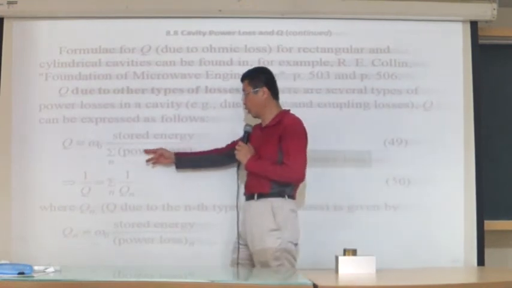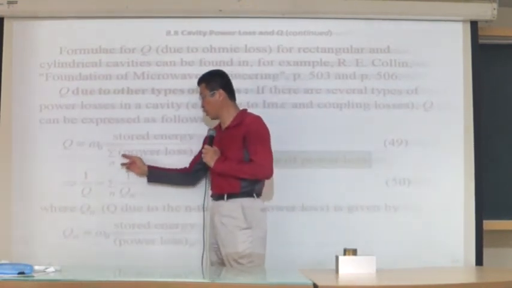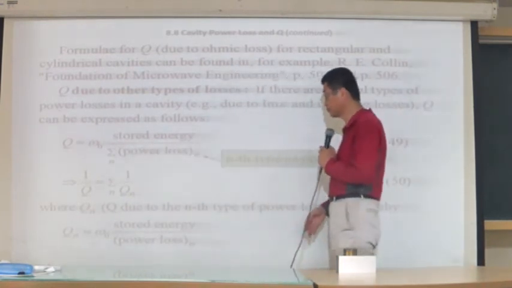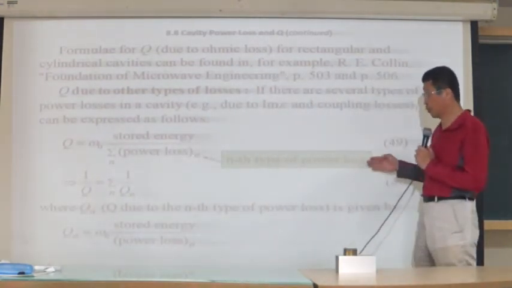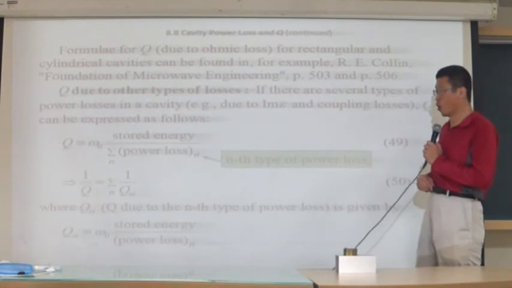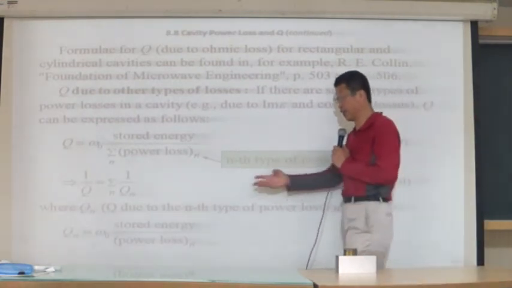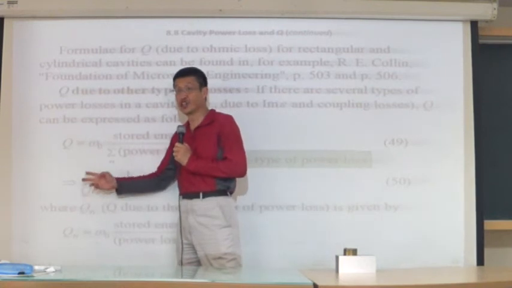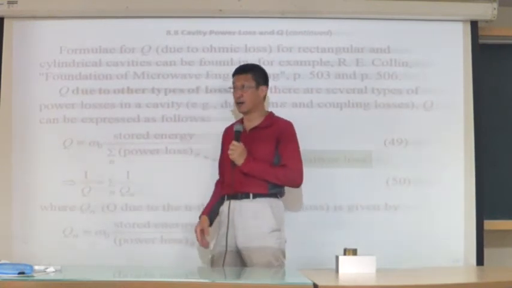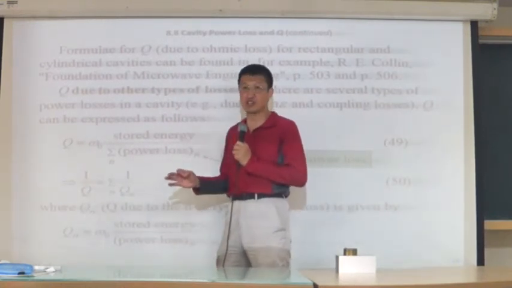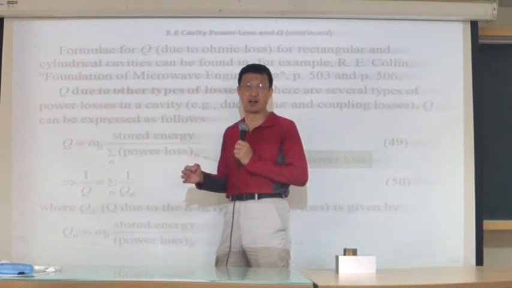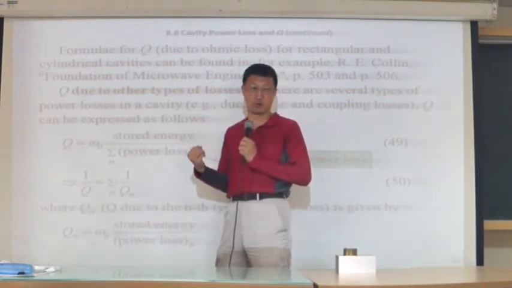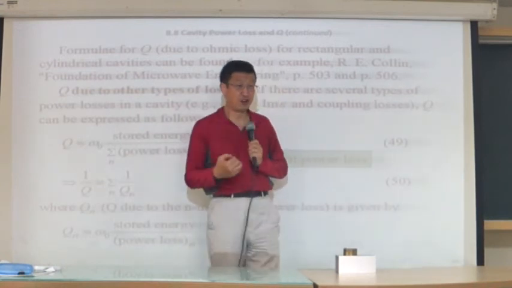So all you need to do is sum all the power losses, more than one. And the quality factor will be, interestingly, just like series and shunt resistors.